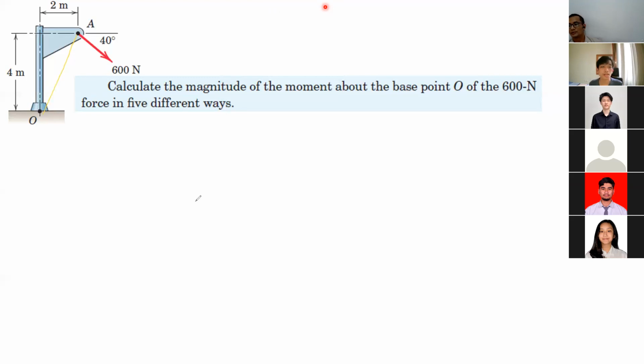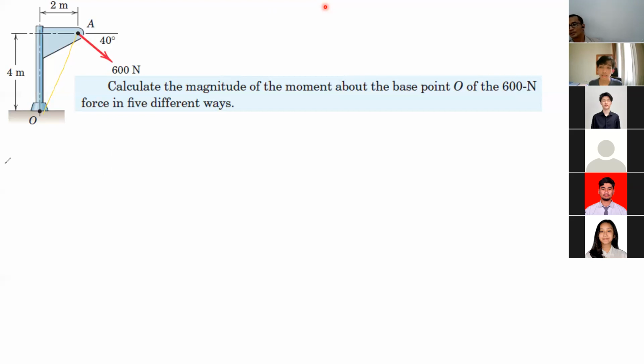Your mic is off. Sorry, sir. We can calculate by crossing the force and the distance. Simple multiplication or cross product? The simple multiplication.